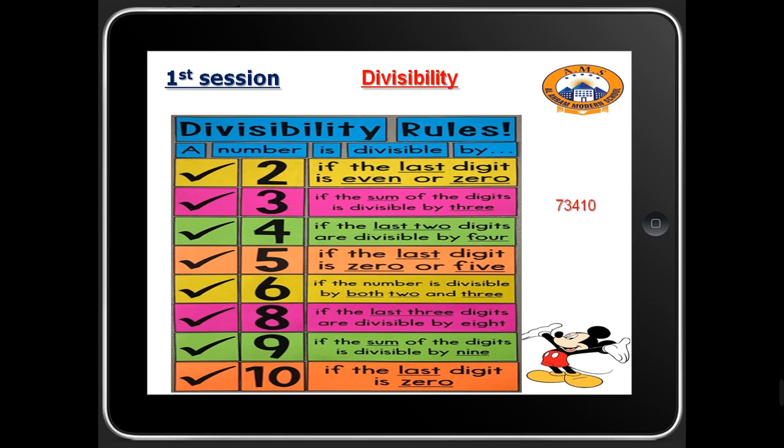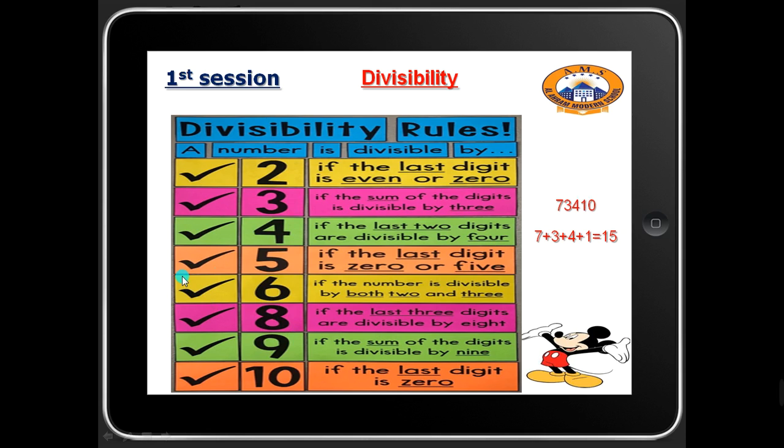Yes or no? All you have to do is to add the digits of this number. So 7 plus 3 equals 10, 10 plus 4 equals 14, plus 1 equals 15. Is 15 in table 3? Yes. So this number also is divisible by 3.